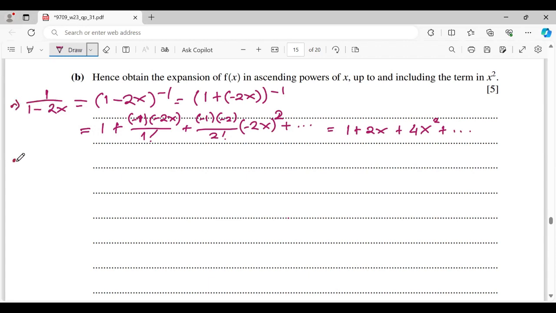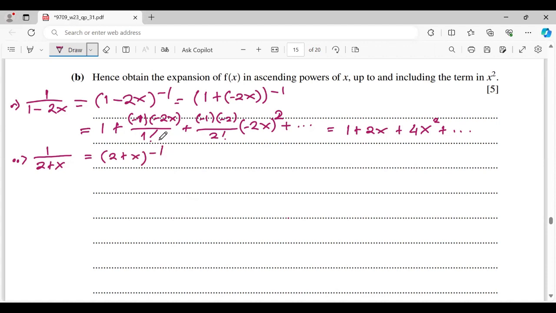The second is 1 over 2 plus x. It is 2 plus x power negative 1.